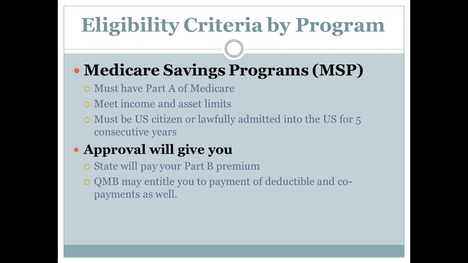So if you do the application for the Medicare Savings Program and they are approved, then eventually it will go through the system and they'll be offered Part B of Medicare earlier than having to wait for that general election period. The QM program not only entitles you to the payment of deductibles and copays, but it also may offer you some other services that people get under full Medicaid.